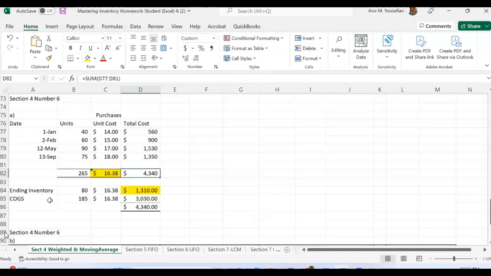So you have 4,340 total inventory cost available, total 265 units, and the average cost ends up to be 4,340 divided by 265, and that's 4-digit. There you go. $16.37.